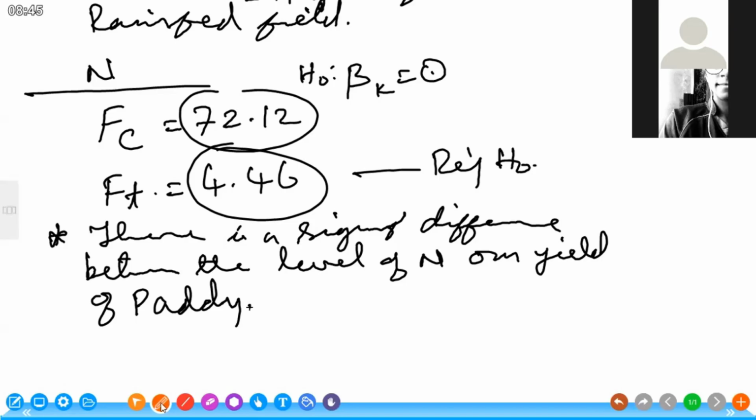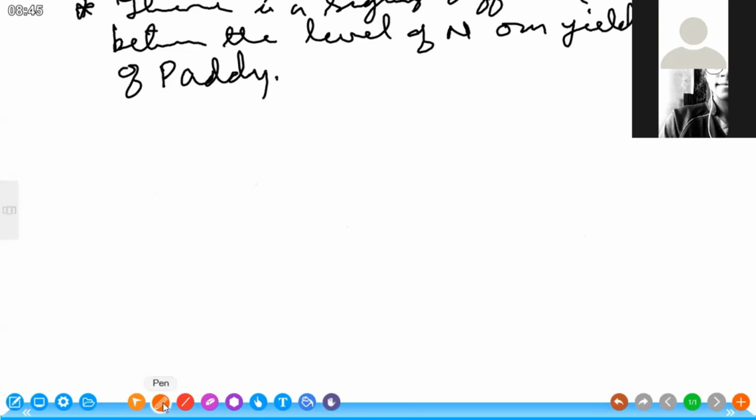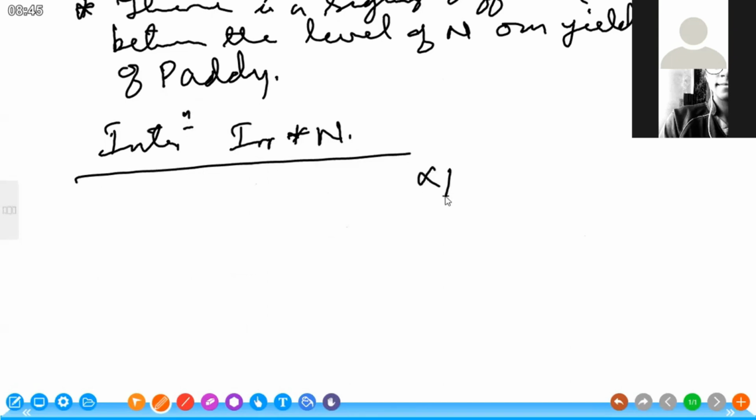Right. Similarly, go back to the third one, the interaction between irrigation and nitrogen. My null hypothesis is alpha beta jk is equal to 0. Alternative is not equal to 0.